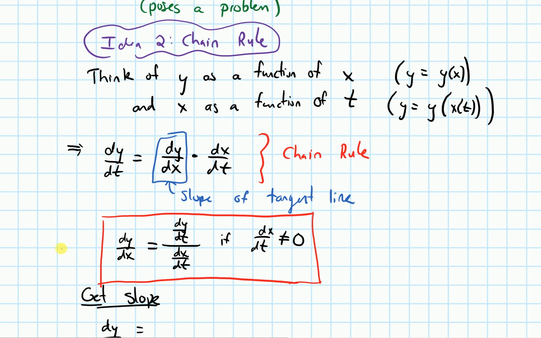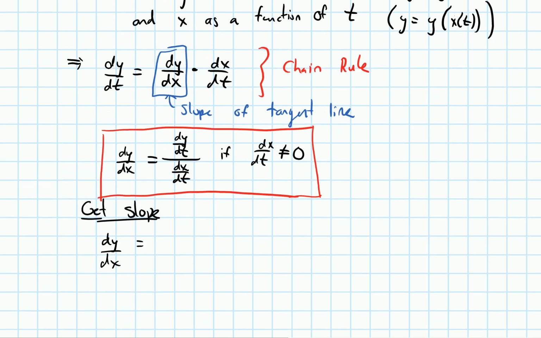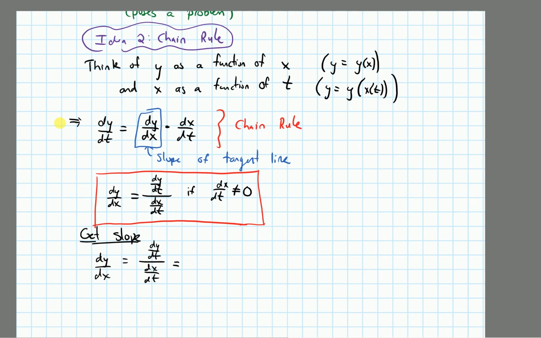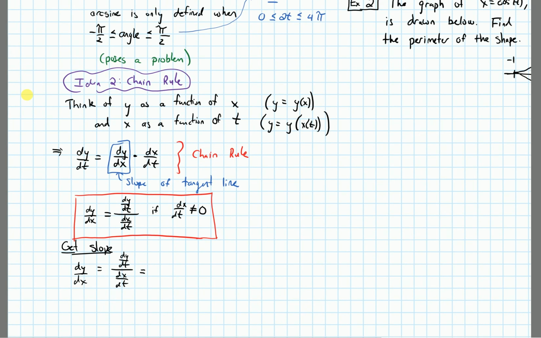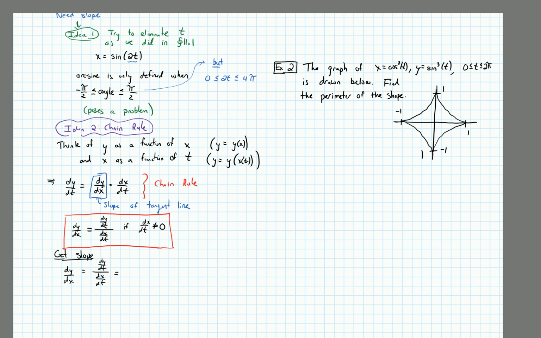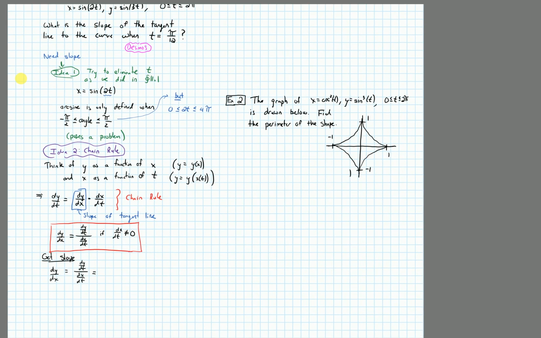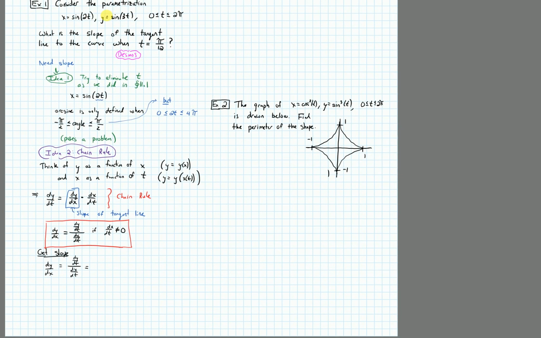All right, so now let's actually do this for our example. If we want the slope, dy dx, we do dy dt over dx dt. So now we have to take those derivatives. Let's remind ourselves what our original functions were. y was sine of 3t, and x was sine of 2t.